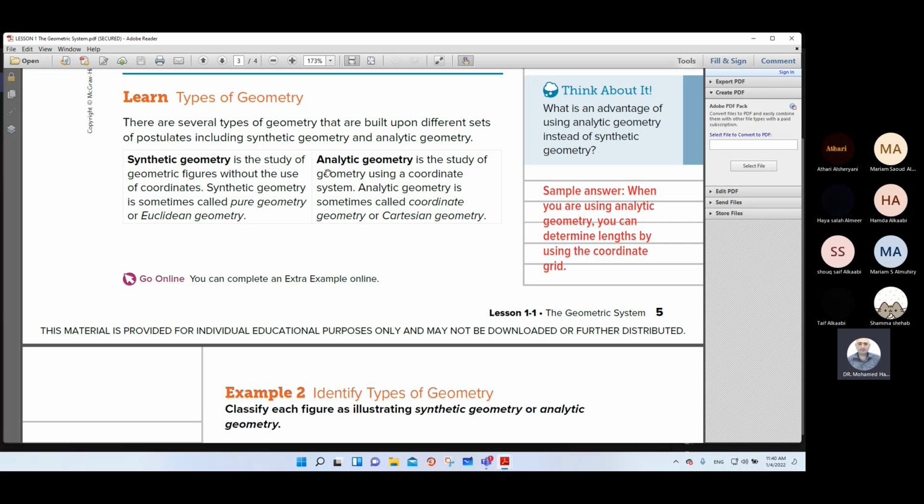The second kind, analytic geometry, is the study of geometry using a coordinate system. So analytic geometry is sometimes called coordinate geometry or Cartesian geometry.